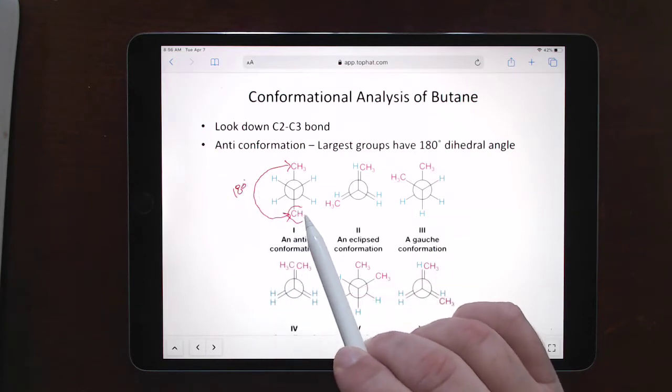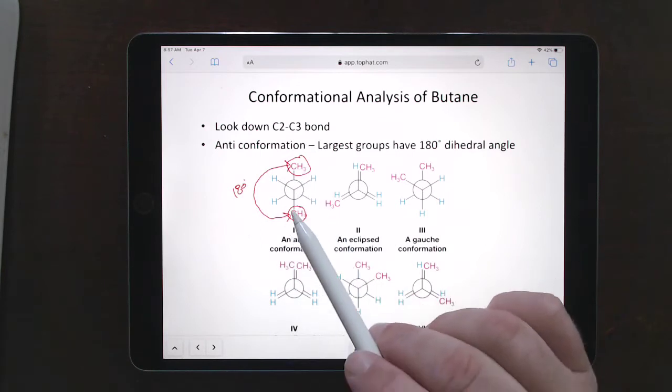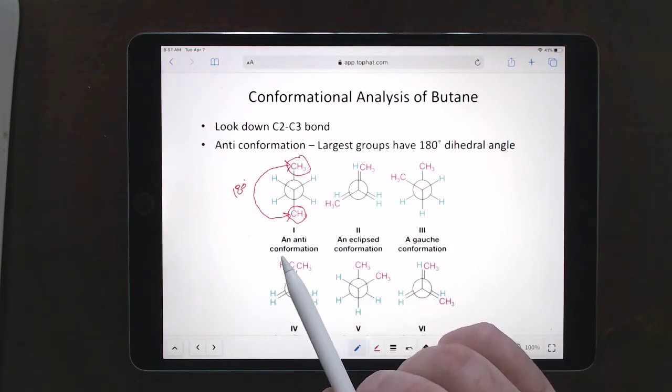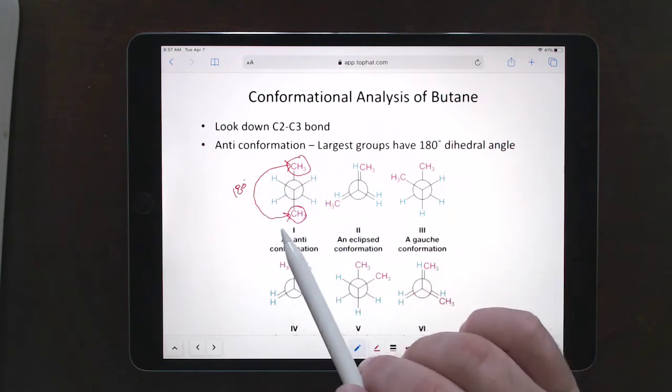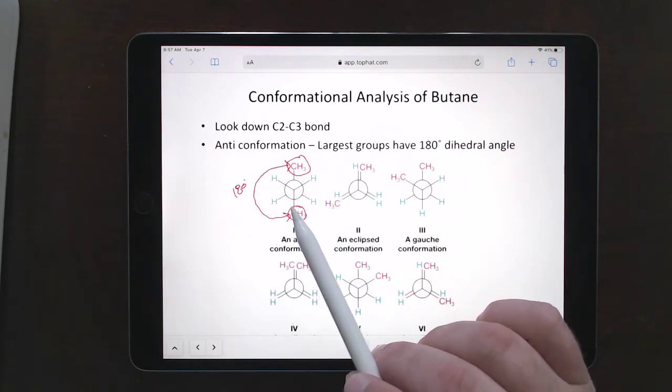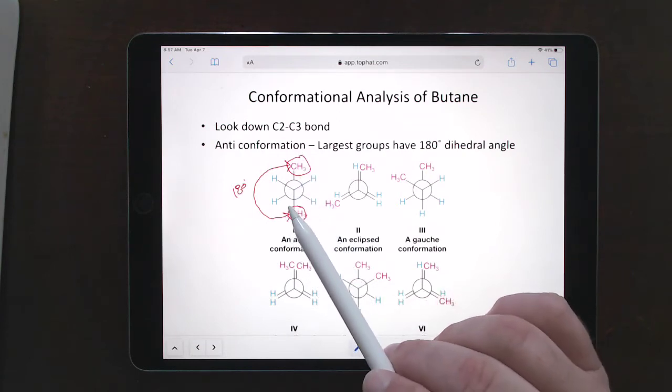If the two large groups, the one on the front and the one in the back, are 180 degrees from each other, that's what's called the anti-conformation. This is the lowest energy state for the molecule, because the biggest things are as far apart as possible.